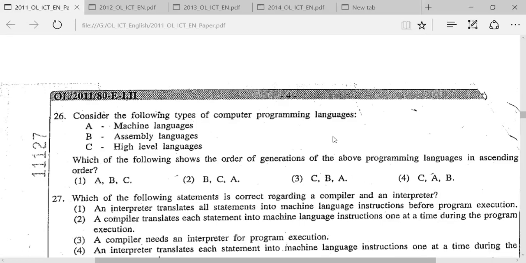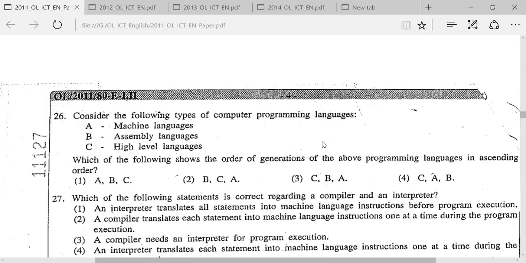Inside low-level language, we discussed machine language and assembly language. The next category is high-level language. In low-level language, the initial language was machine language, then assembly language was invented. So the order is machine language, assembly language, high-level language.